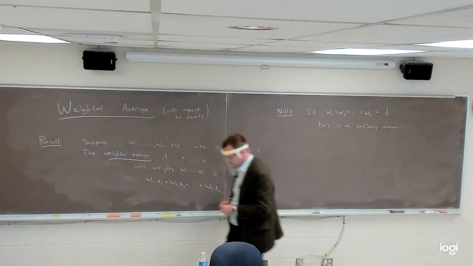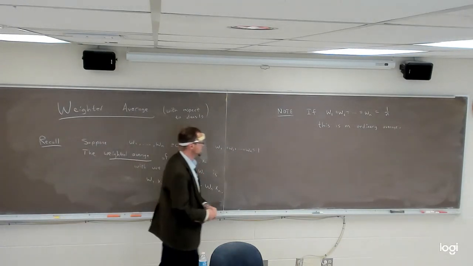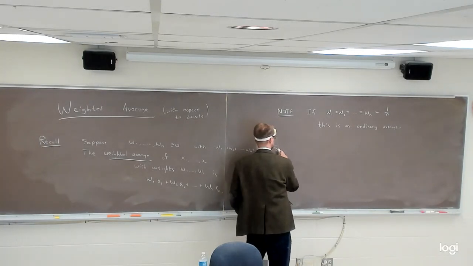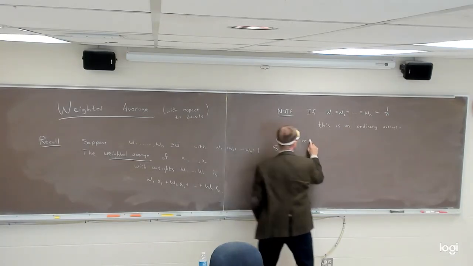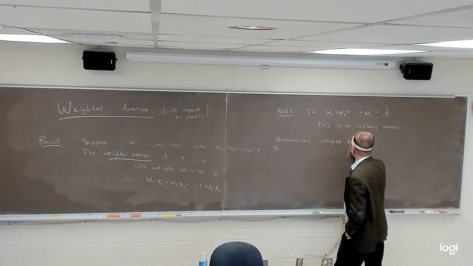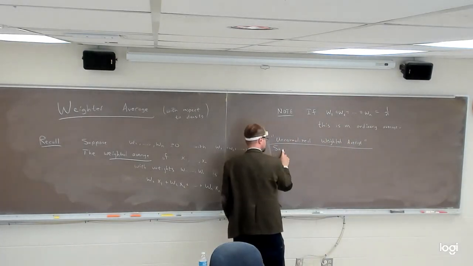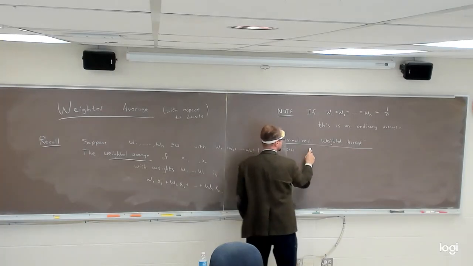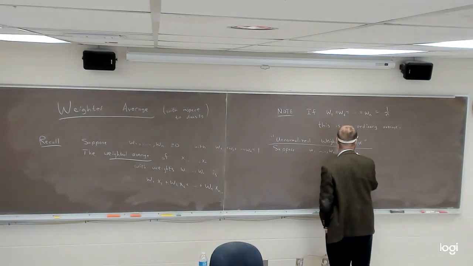We could define a notion of weighted average where these weights don't add up to 1. Okay, so I'll call this unnormalized weighted average. This is maybe more lingo than it's worth. Suppose I have some numbers, and I'm still going to require them to be positive, but they maybe don't add up to 1.